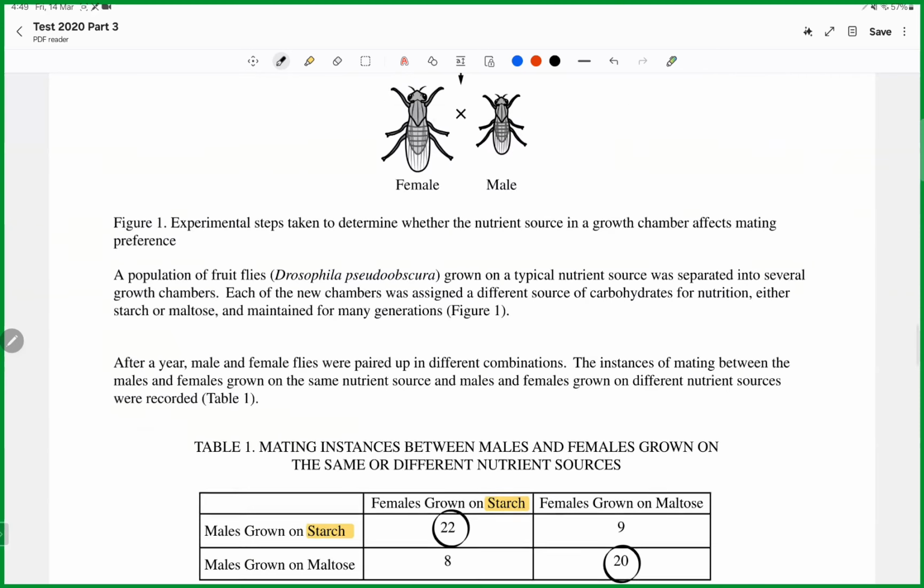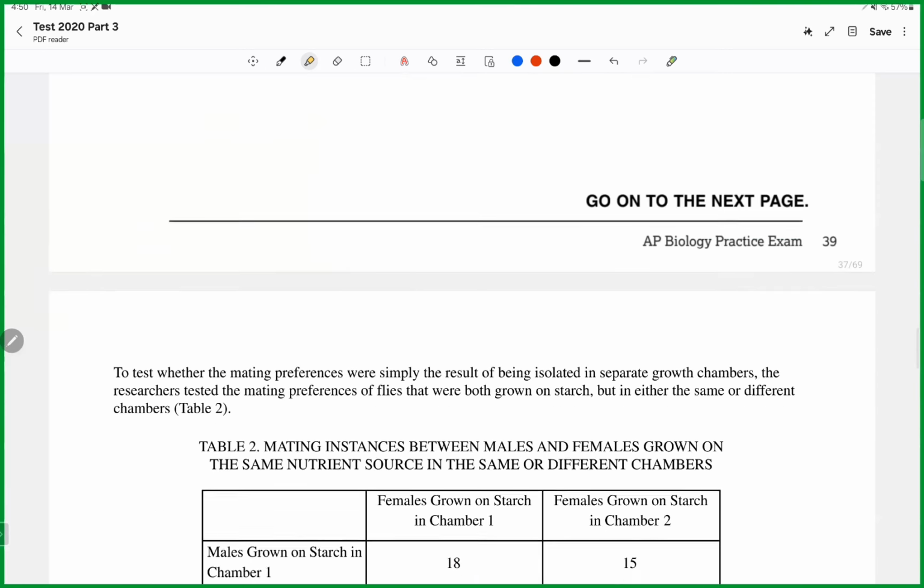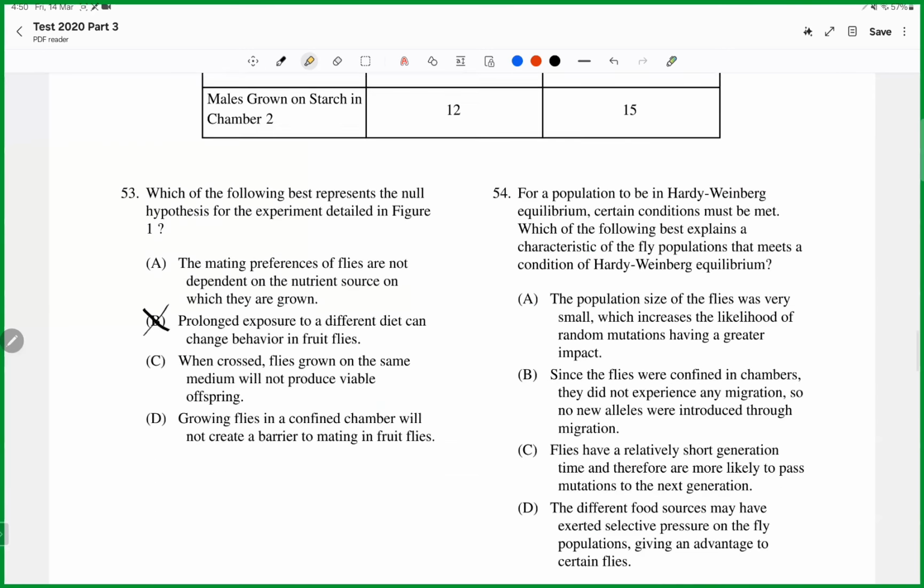Look at the caption, it's gonna tell you. Determine if the nutrient source affects mating. So for null hypothesis, nutrient source does not affect mating. Just the opposite. Exactly correct.